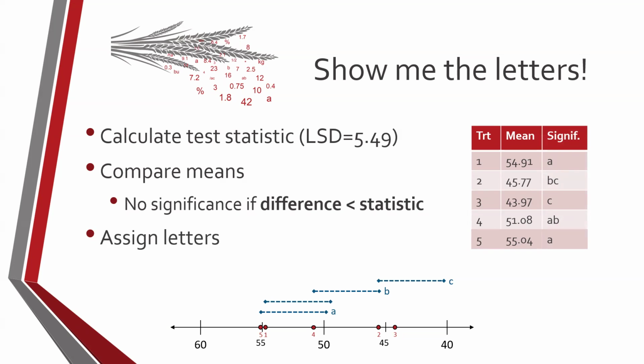The letters are typically reported to the right of the means. And so that's how we'll typically see that in the AOV report.